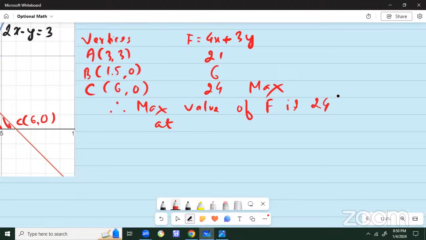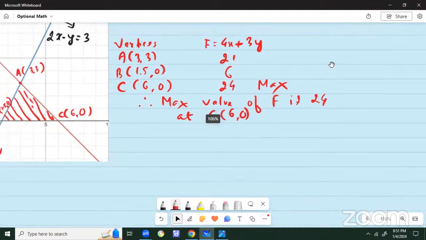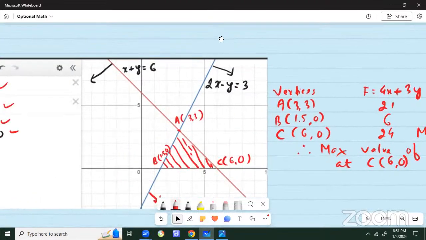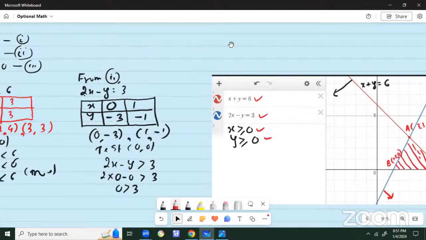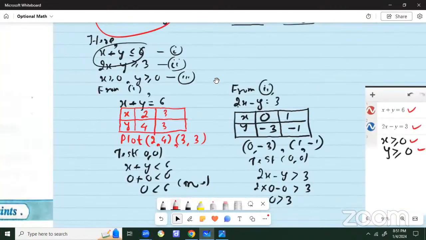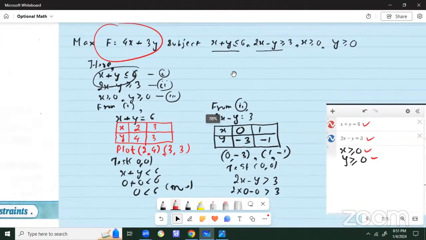At A or B or C? At C, which is 6, 0. So are you able to do it now? Can you do one question yourself now? Yes, sir. Now, let's quickly summarize what we did here.